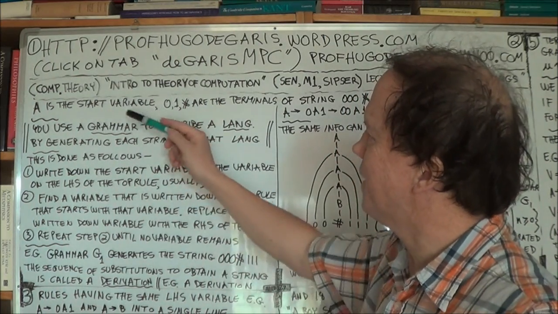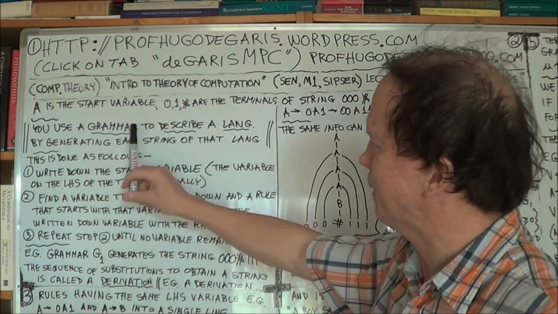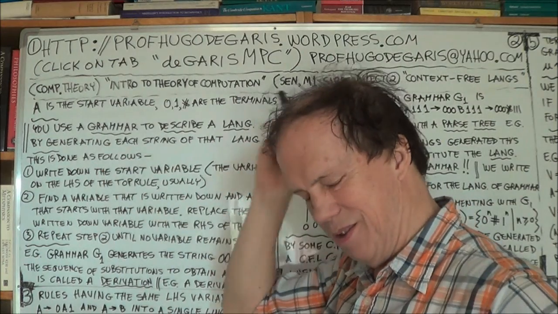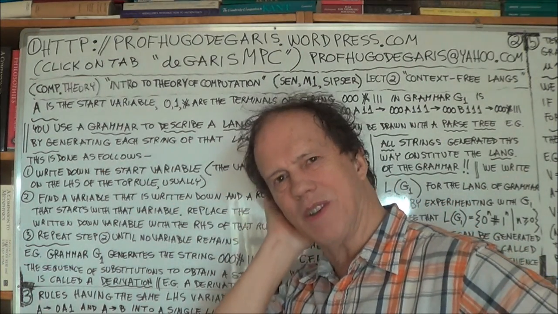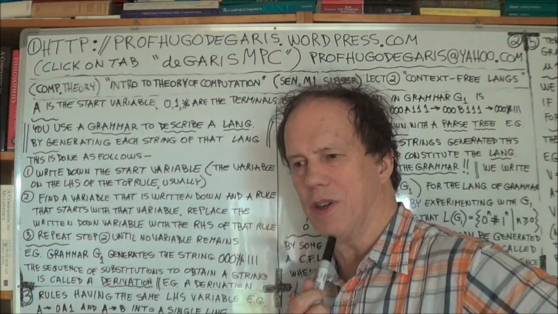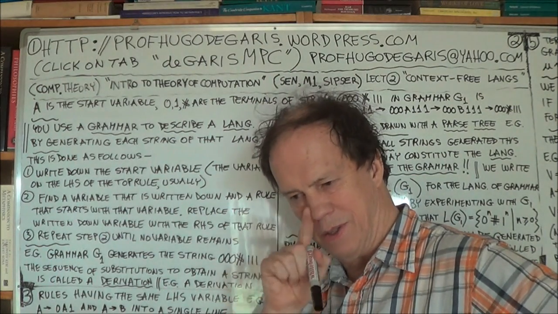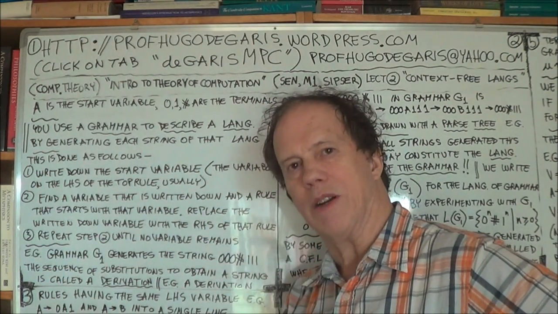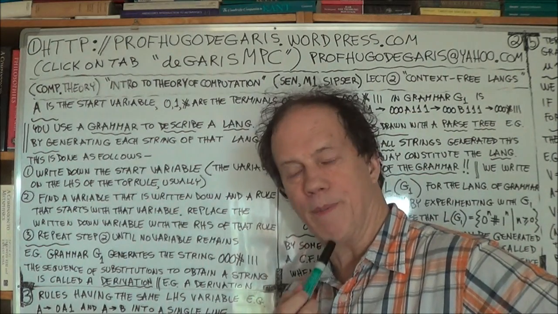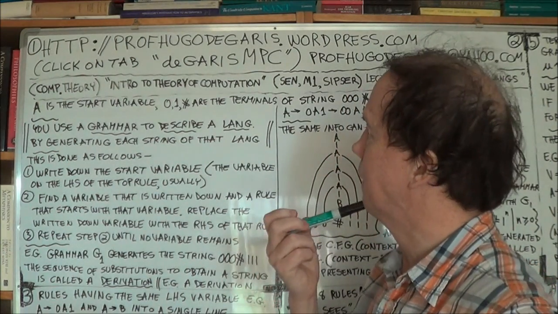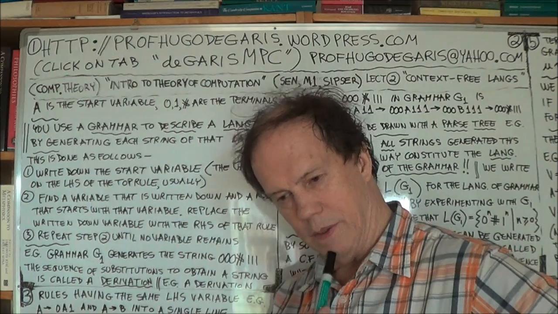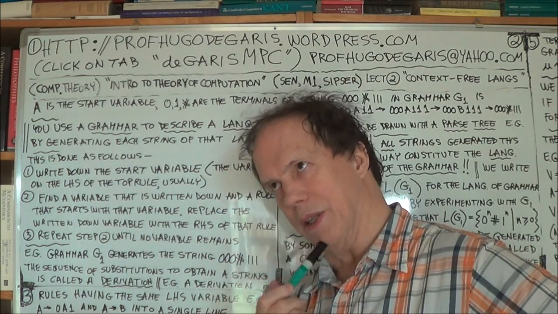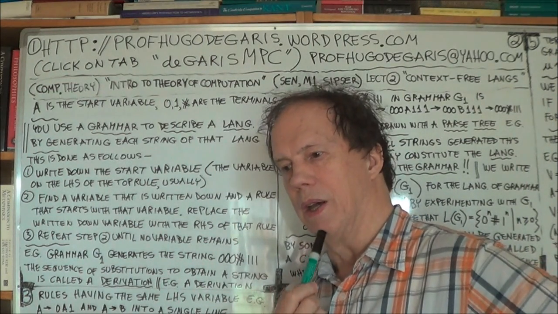Now, some really basic ideas. The grammar, what's a grammar for? You've got an idea now what it is: what I've been calling rewrite rules, and its variables and its terminals.